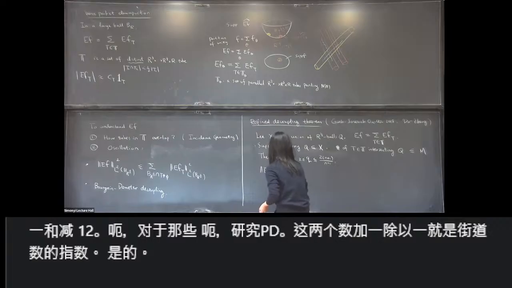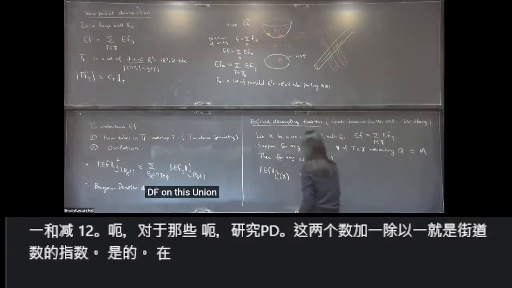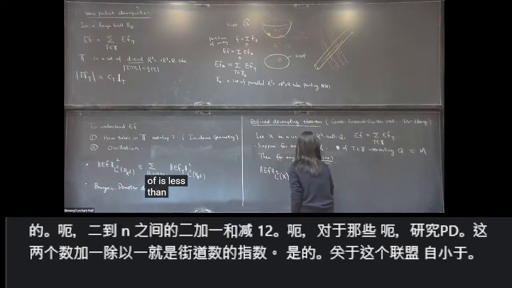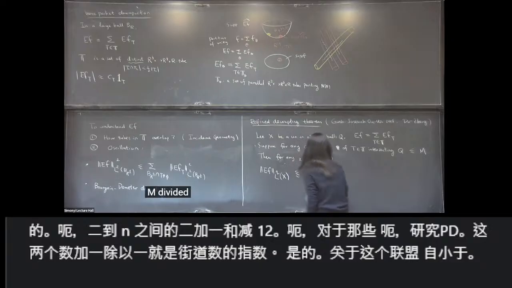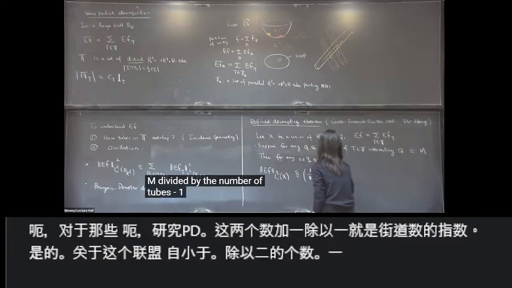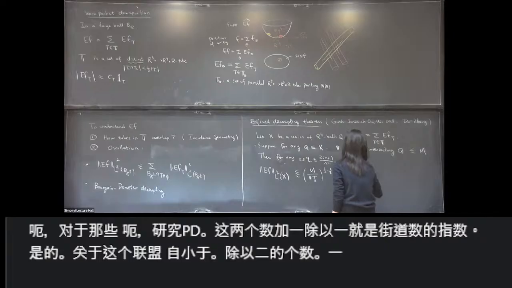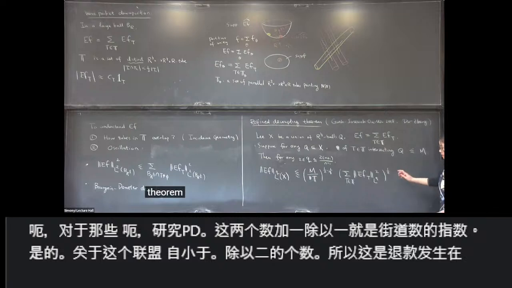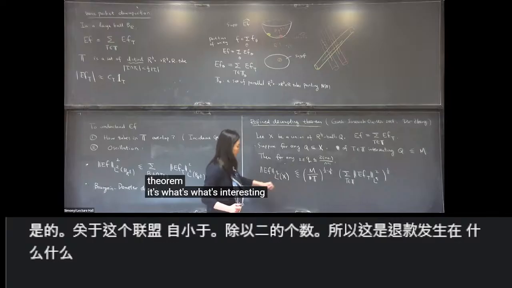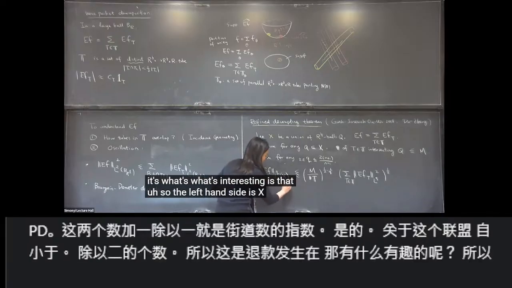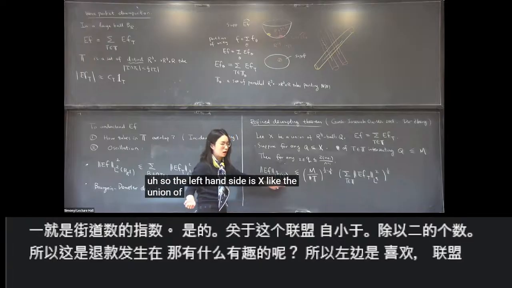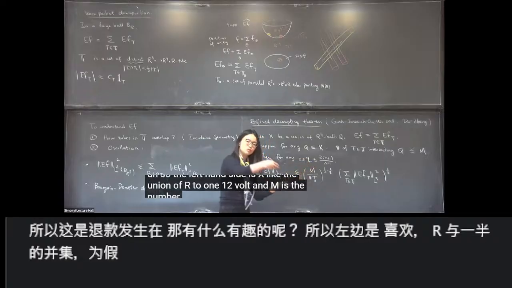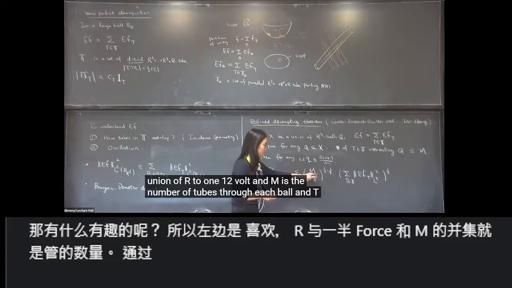The LQ norm of EF on this union of R to the 1/2 balls is less than M divided by the number of tubes, to the power 1/2 minus 1 over Q. So this is the refined decoupling theorem. What's interesting is that the left hand side is X, the union of R to the 1/2 balls, and M is the number of tubes through each ball, and T is the total number of tubes.